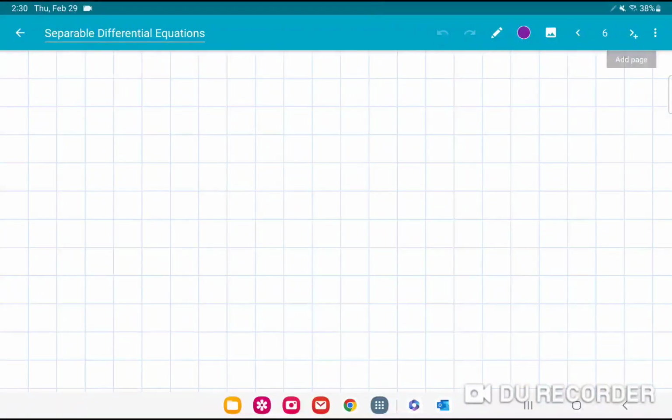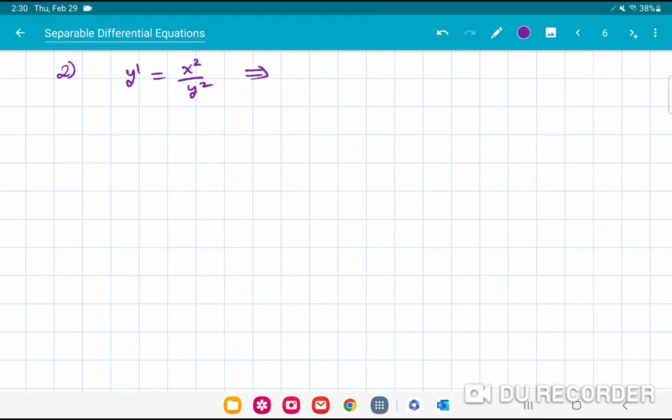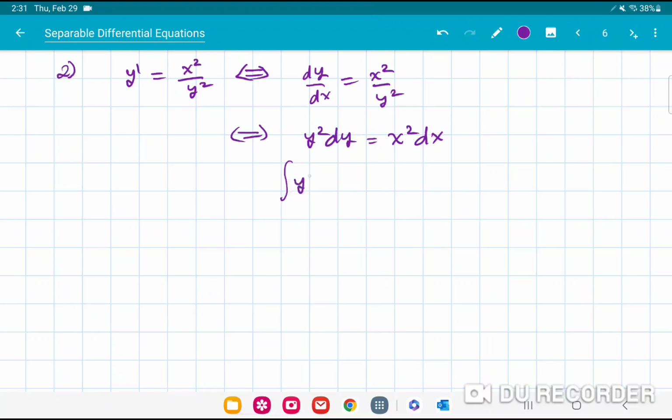The second example is y prime equals x squared over y squared. This is a nice separable differential equation. You can see that if you write it as dy by dx equals x squared over y squared, or y squared dy equals x squared dx, integrate and integrate.